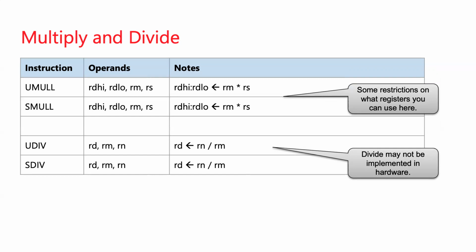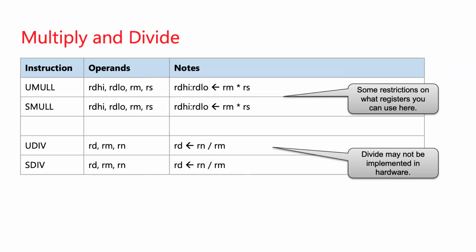On the multiplies, there are some restrictions on the registers you can use. Those are listed in the course readings, but they're restrictions that generally make sense, like RDHI and RDLO can't be the same register. You can't store the high order and the low order bits in the same register. There's no good reason to do that.